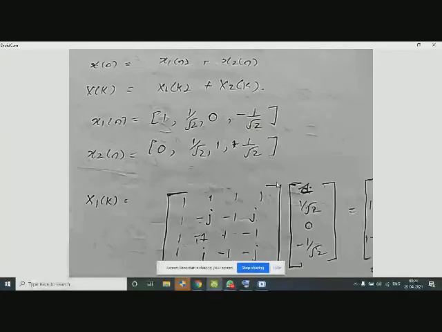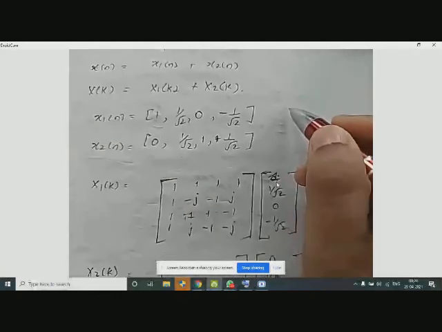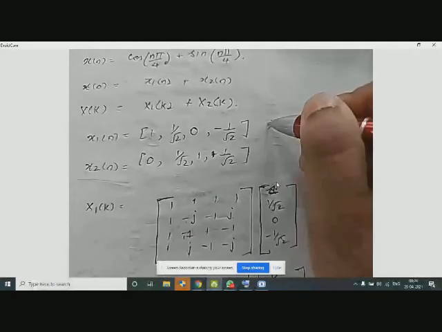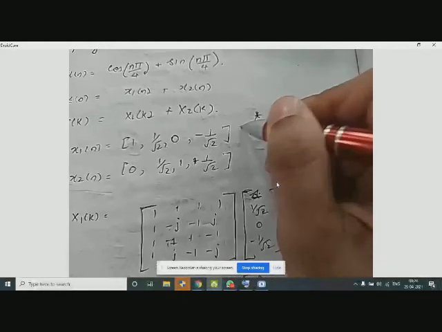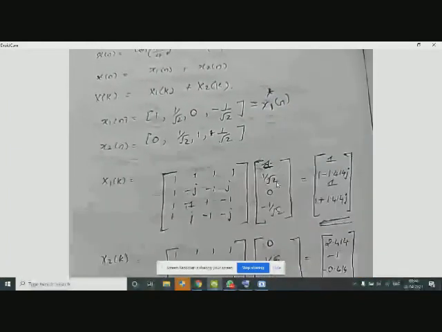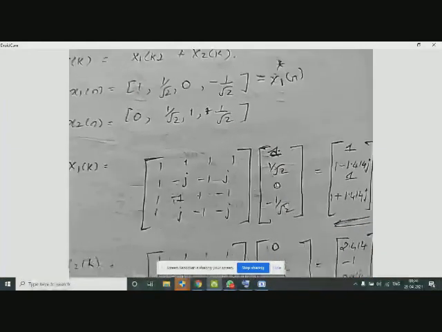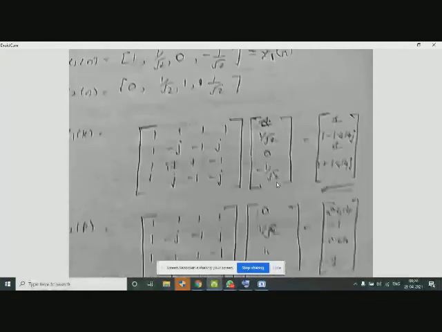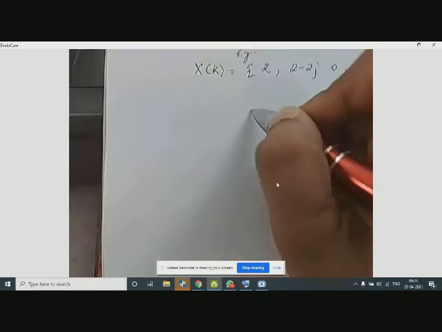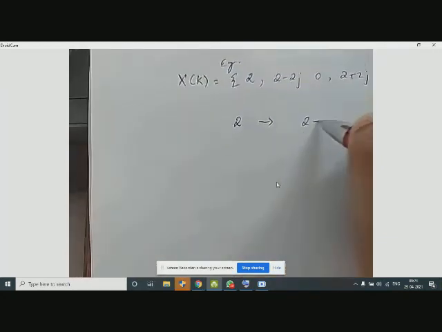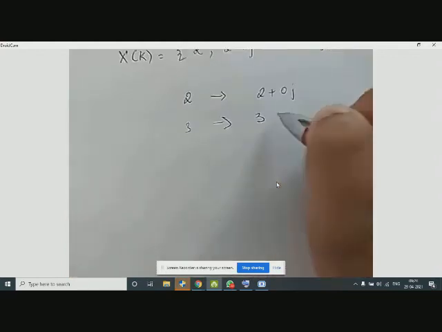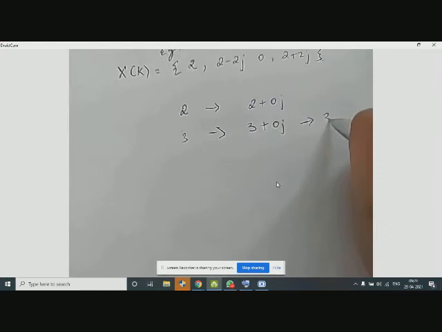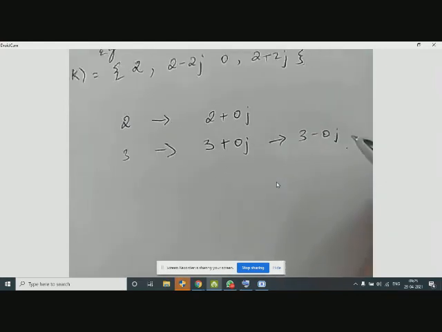So if you take the conjugate of this, suppose I write this as x1 or x1 star of n, x1 star of n is same as x1 of n. There is no conjugate for real terms. How can you write conjugate terms? You can write like this. Say any number, for example 2. I can write it as 2 plus 0j. I can write 3 as 3 plus 0j, or I can write it as 3 minus 0j also.